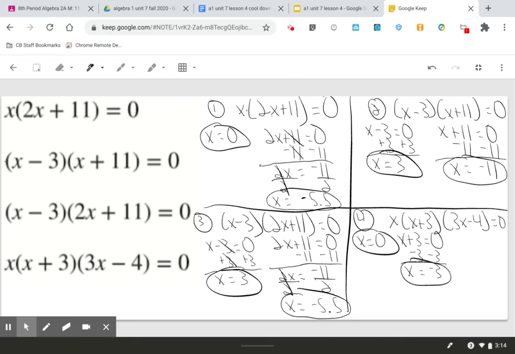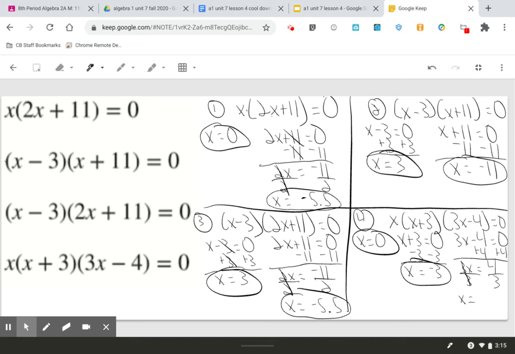Third one, that's a two-stepper. I'm going to first add 4 to both sides. So 3x equals 0 plus 4, which is 4. And then I'm going to divide both sides by 3. So x equals 4 divided by 3. That's also going to be a decimal, so use a calculator.